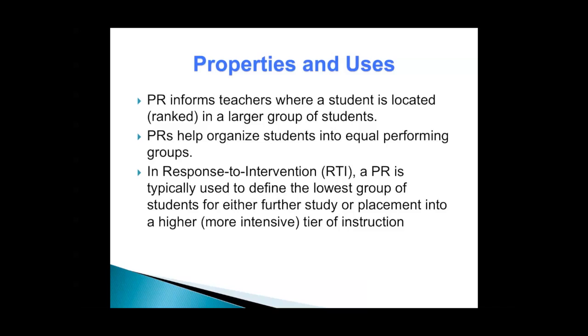So, for example, a response to intervention system might identify students at the 20th percentile rank or the 25th percentile rank to be targeted for further investigation, diagnosis, or intervention. In most response to intervention systems, the percentile rank is the lowest group for further consideration.